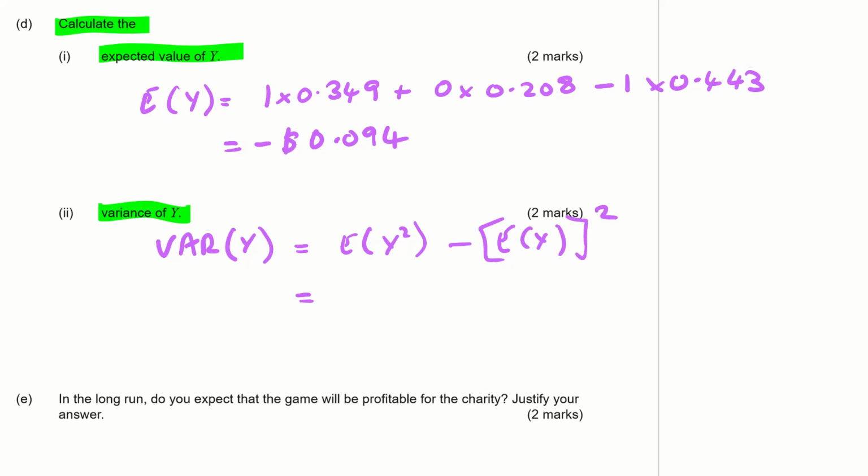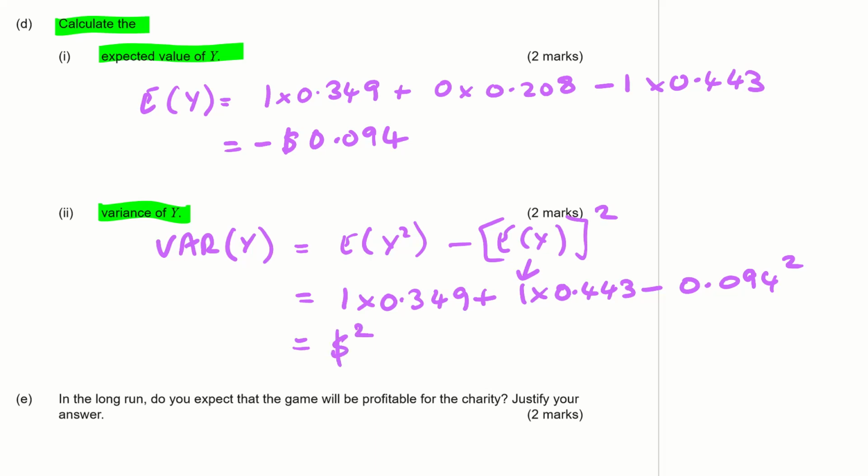So that is going to give me 1 times 0.349 plus 1 times 0.443, that one there being negative 1 squared, and then take away 0.094 squared, and if we do that, then it is 0.783.